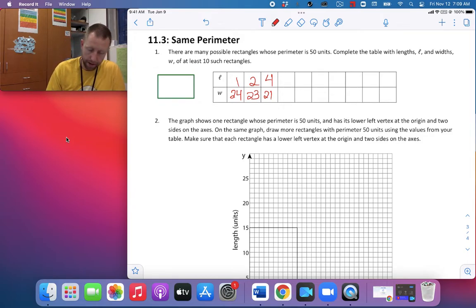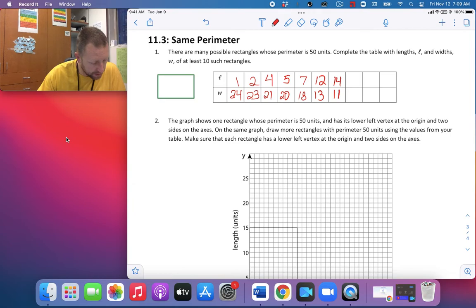So I've got 1, 2, and 4. Let's do 5 and 20, next. Let's do 7 and 18, next. Let's do 12 and 13, next, and then 14 and 11.